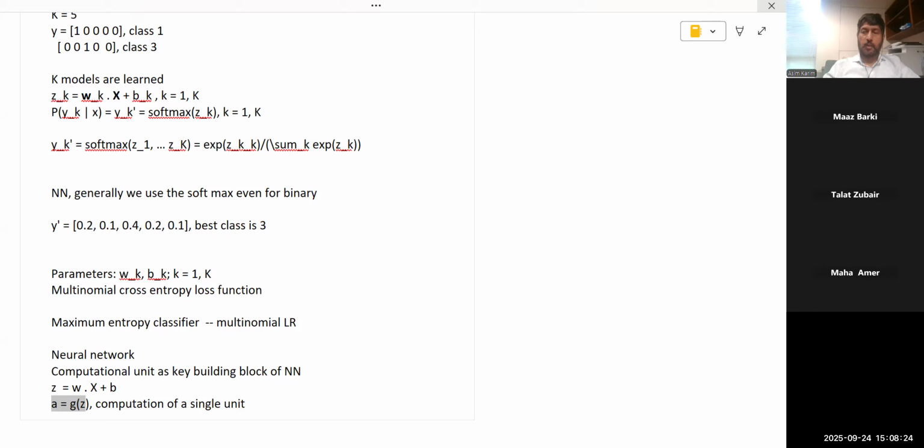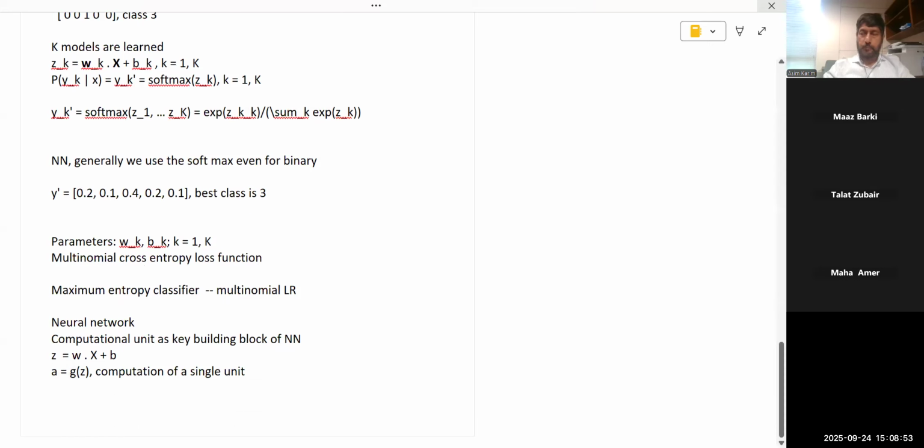Yes, there could be other activation functions. We'll discuss that. So G would be sigmoid at the last layer of a neural network if you are doing classification, binary classification. G would be softmax if we are doing multinomial classification or multi-class classification. Inside the neural network, as we will see later on, usually G would be tangent hyperbolic or more recently the rectified linear unit. वो हम अभी देखते हैं shortly.